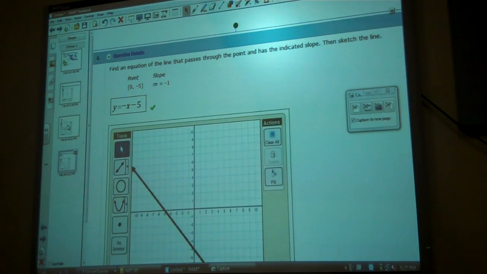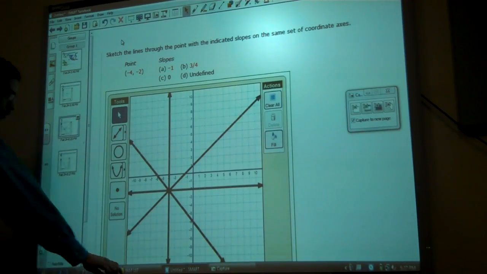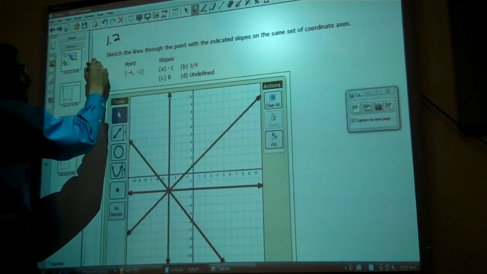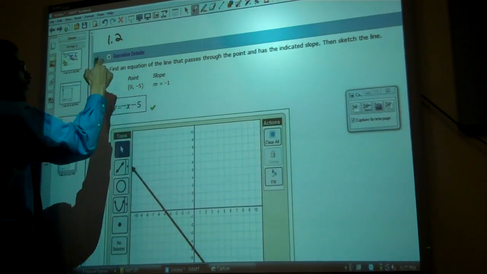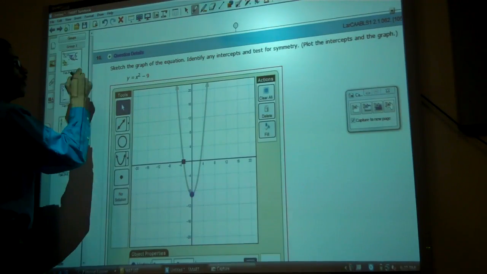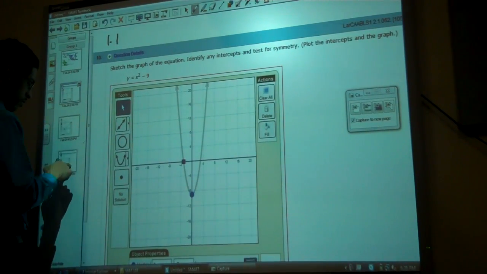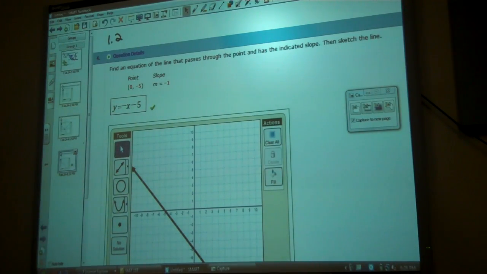More questions? I think it's number 3 on that. Yeah, 3 on that section. On the line section? On the parameter section? Oh, we don't know.